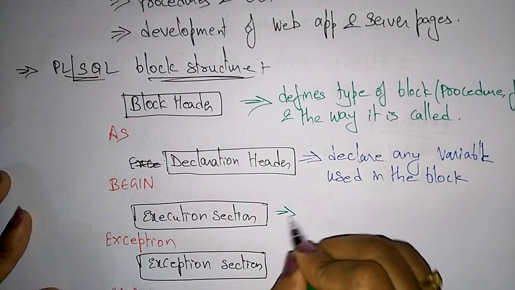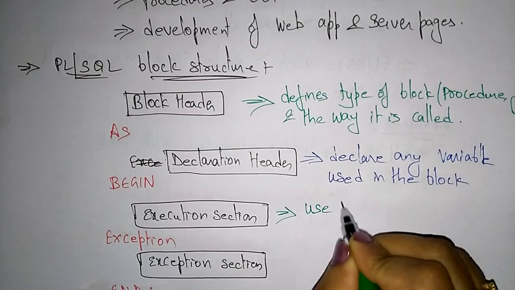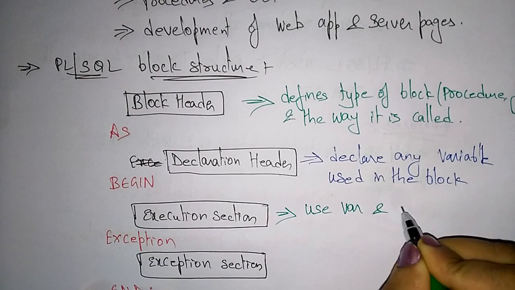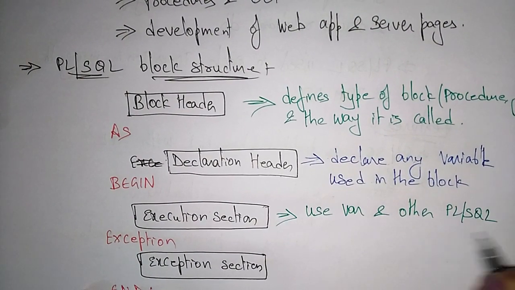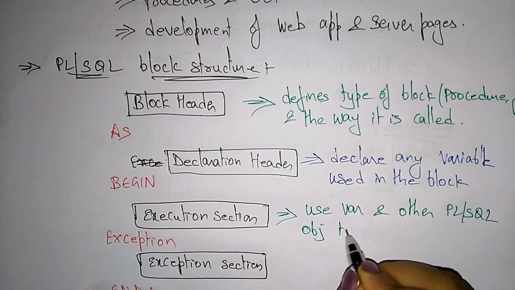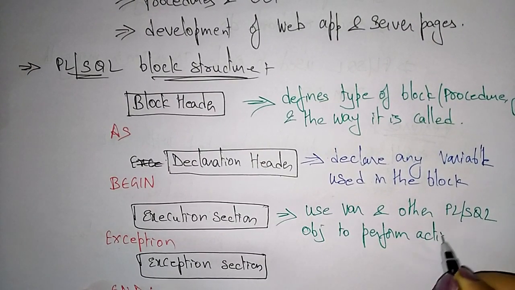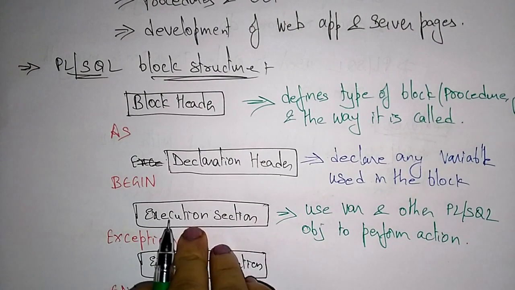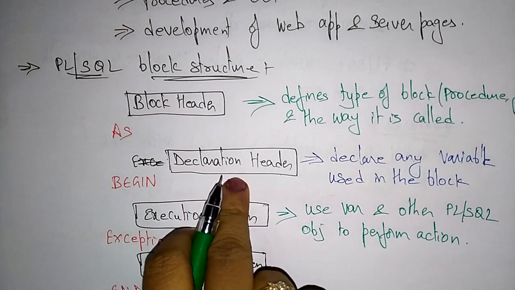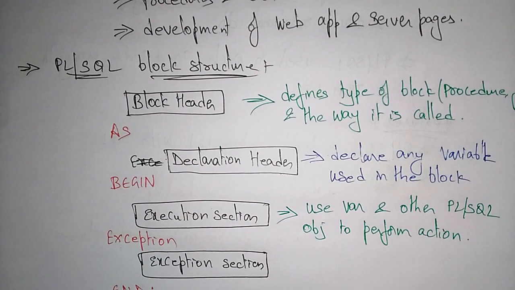Next, the execution section uses variables and other PL/SQL objects to perform action. The complete action of the program is done in the execution section, using the variables declared in the declaration section and other PL/SQL objects to perform specific actions.